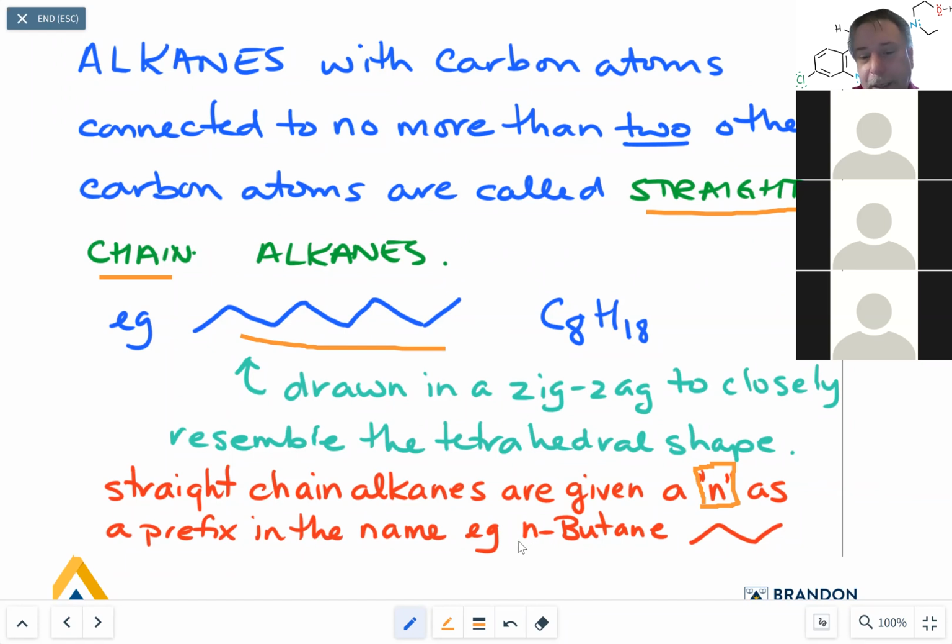So this little N prefix is for a straight chained alkane. If it just says hexanes, mixture of isomers, then it's going to be a mixture of the straight chain and the branched. And there'll be a whole bunch of potential branched hexanes out there.